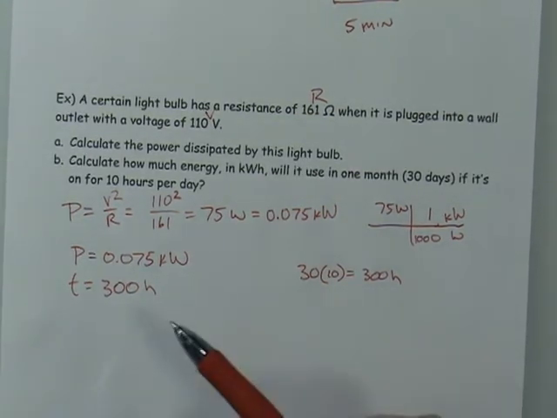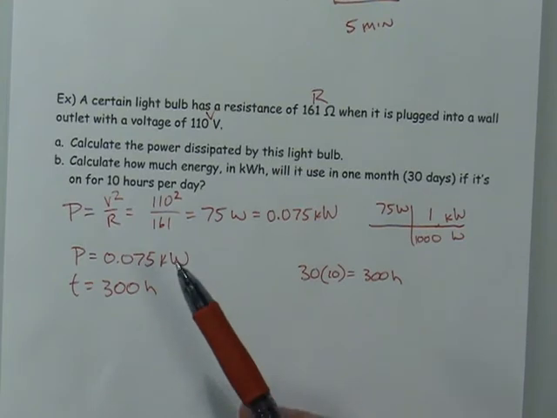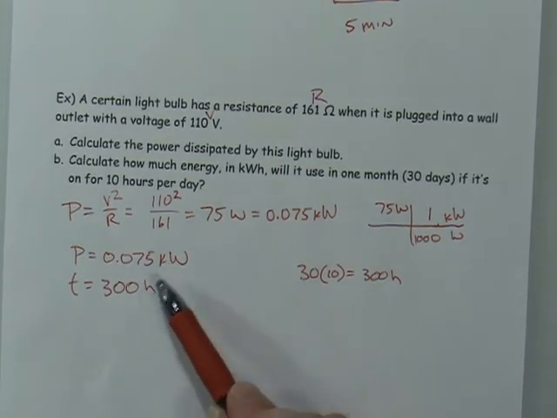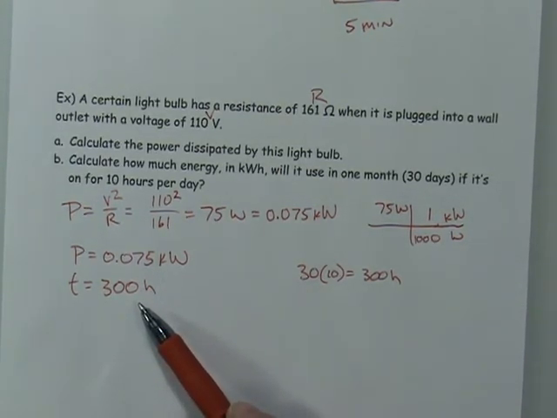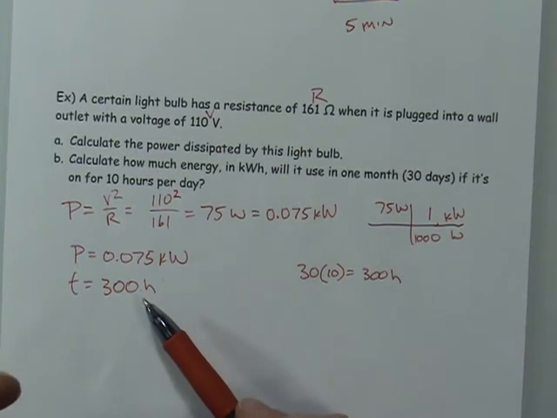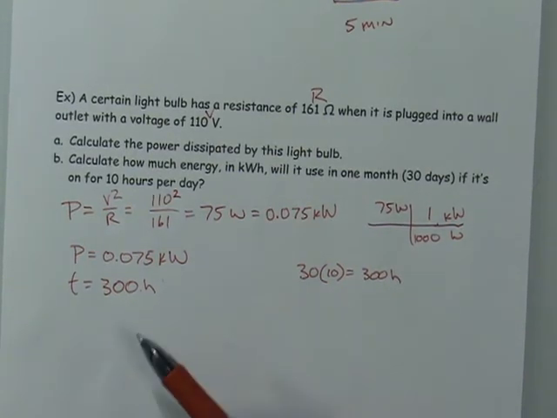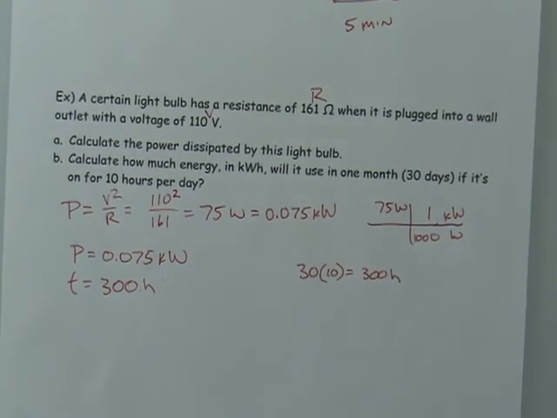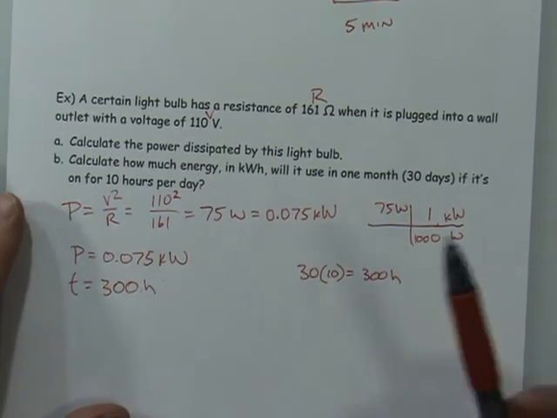Okay, so at this point, the calculation is very easy, and I would really strongly encourage you to make the conversions beforehand. It's not like you can't do it after you've already calculated the energy in joules. You could go ahead and make the conversion, but it's much easier if you just calculate it in kilowatt hours in the first place.